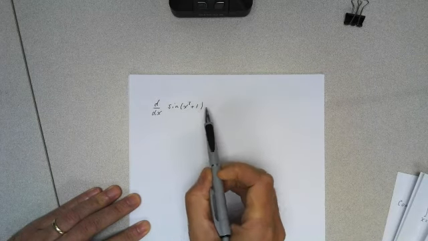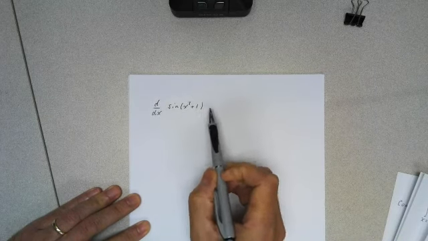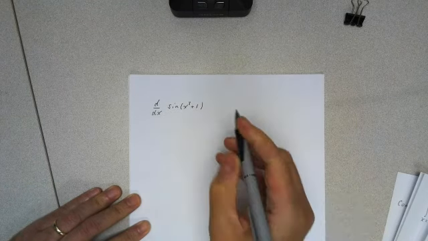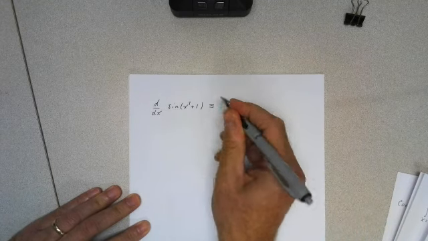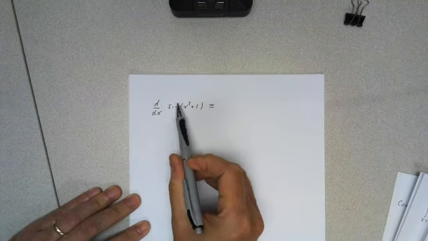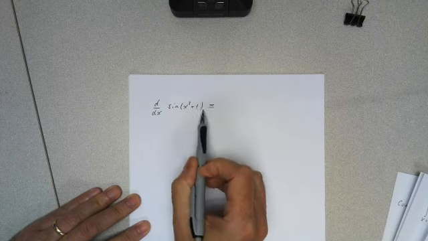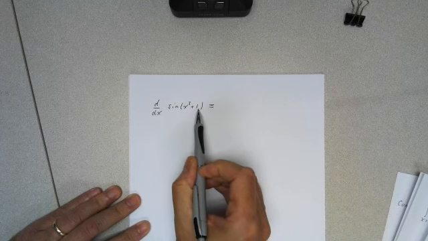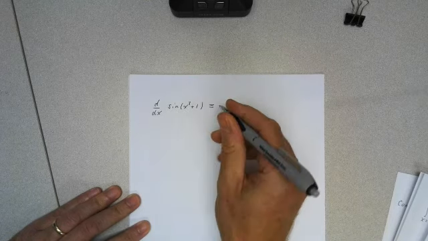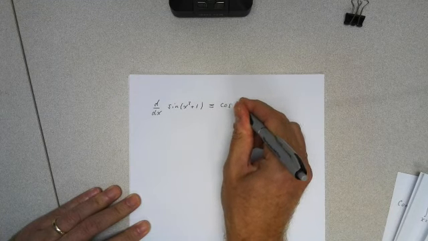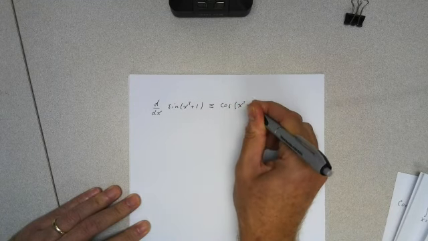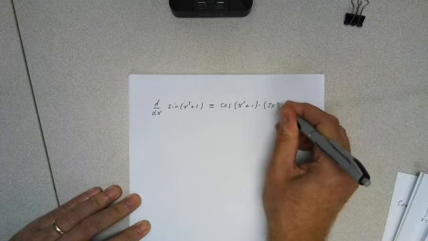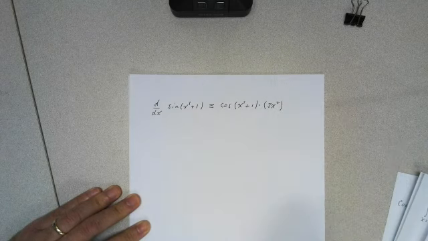Now, I'm going to go through the chain rule fairly quickly, and you may have learned different ways of using the chain rule, so use whatever way works best for you. But I like to think of it as inside and outside function. We take the derivative of the outside function, which is the cosine, evaluate it at the inside function, and multiply the result by the derivative of the inside. So we take the derivative of the outside, which is cosine, plug the inside function in there, and then we take the derivative of the inside function, which is 3x squared.